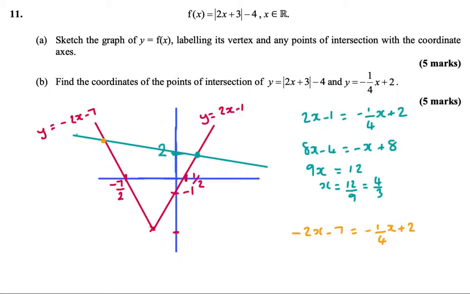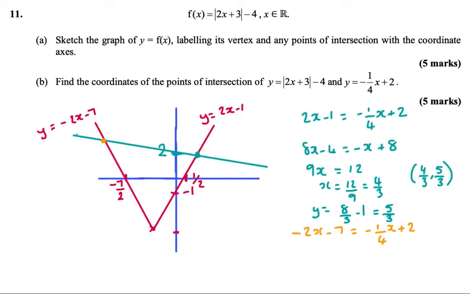I may as well do that now. So when x is 4 over 3, y, so remember that was for this line, y is going to be 2 lots of that, take away 1. So that's going to be 8 over 3, take away 1, which is going to be 5 over 3. So the first coordinate for the point of intersection is 4 over 3, 5 over 3.